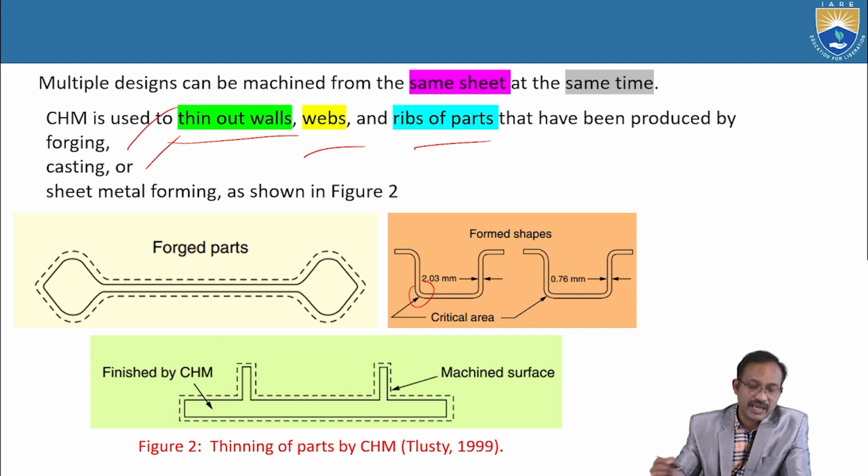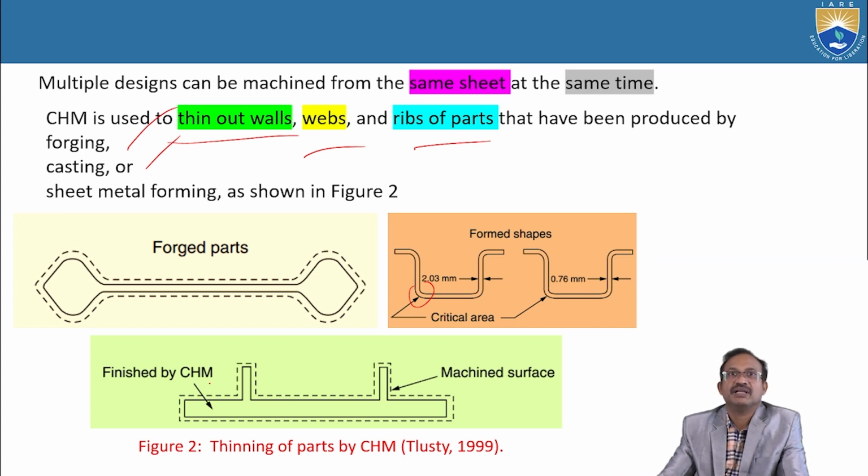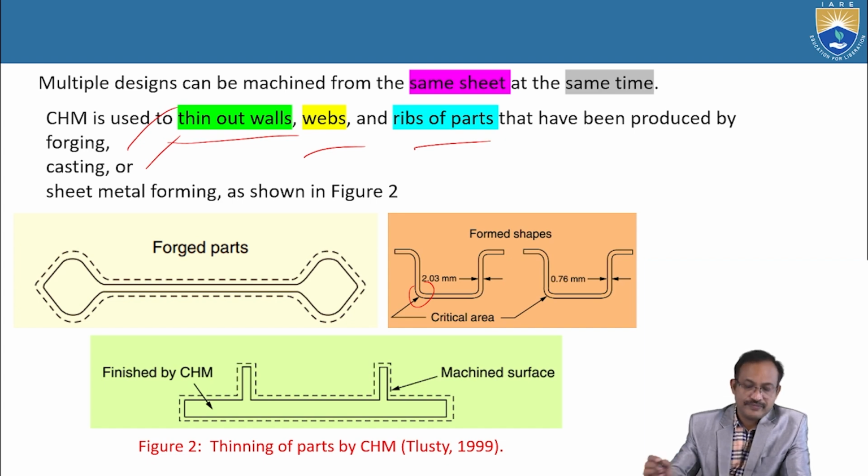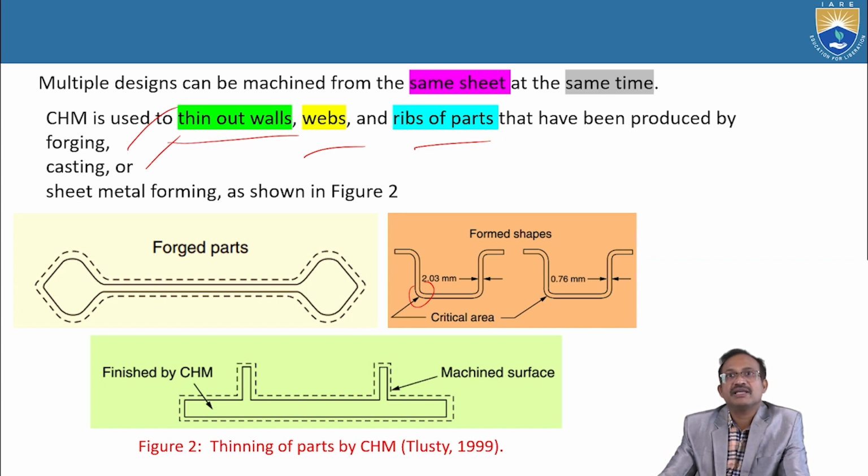And look at this: this is the machined surface, finished by chemical milling. So this is thinning of parts by chemical milling. We can make materials as per the dimensional tolerances by using chemical milling.